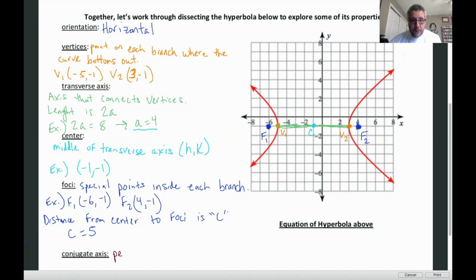It's an invisible axis, and it goes through the center.